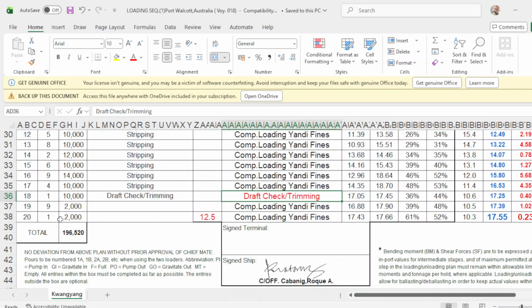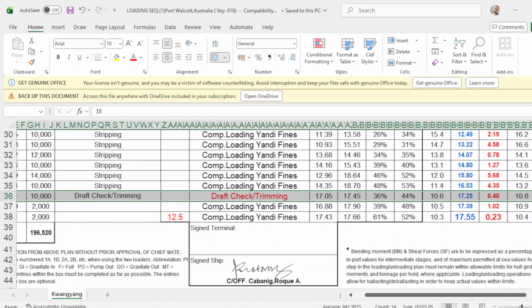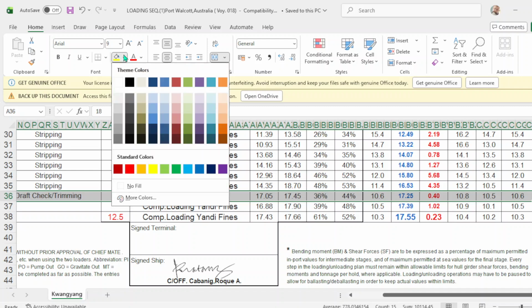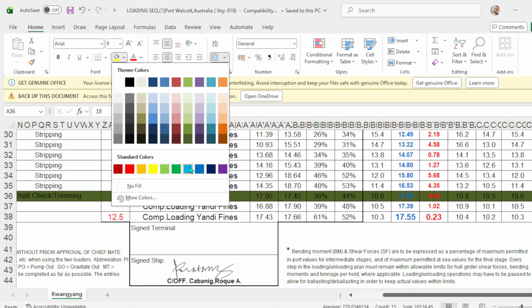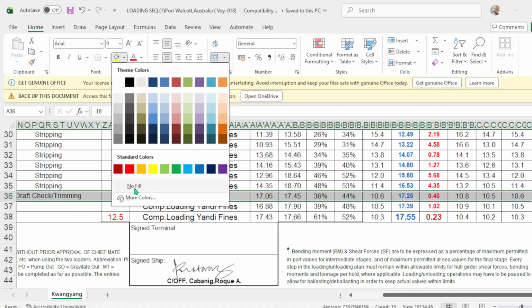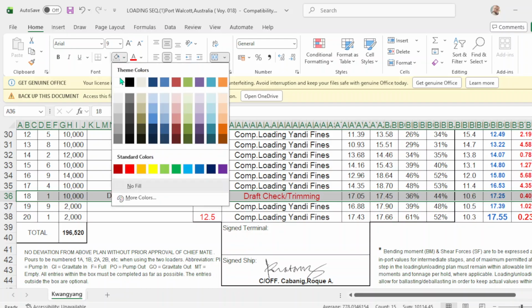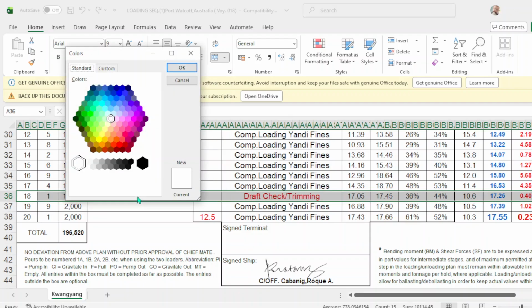So this is... sorry, this is colors. Put it this way. Okay.